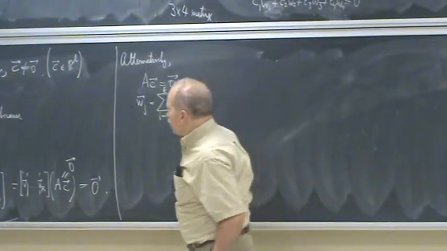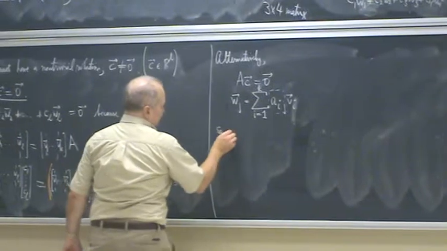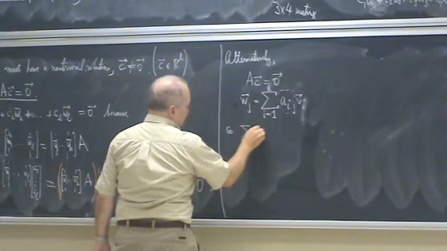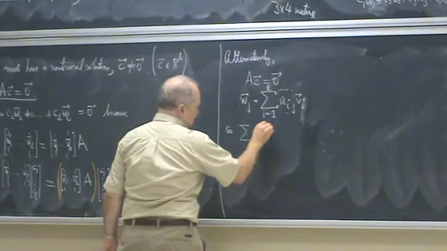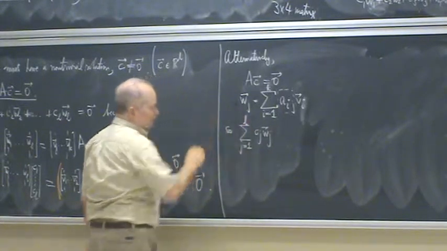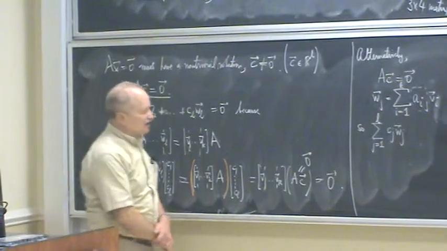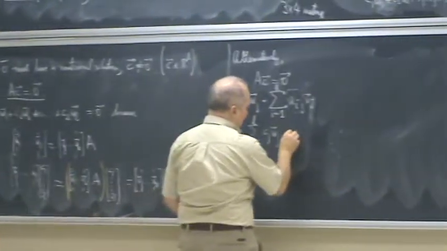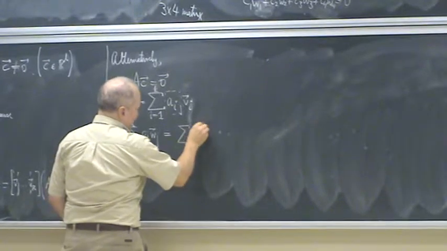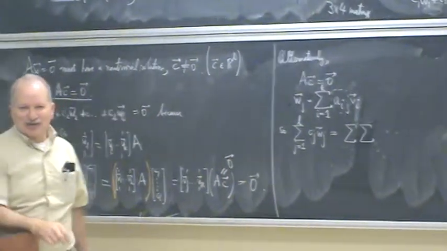How do I do summation of C's times W? Well, I do summation of C's times W's. But now I sum on J. And now you get scared. Because what do we have? Double summation. You're going to be doing this a lot next semester when we do double integrals and triple integrals.